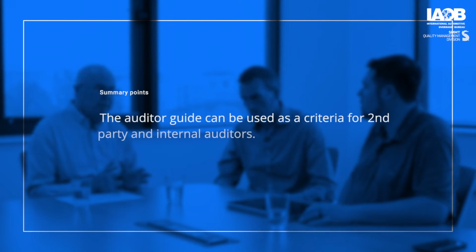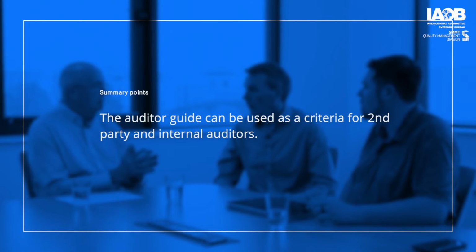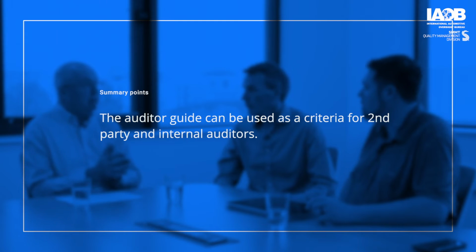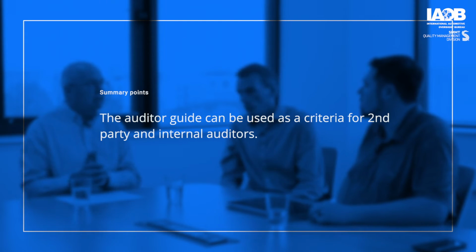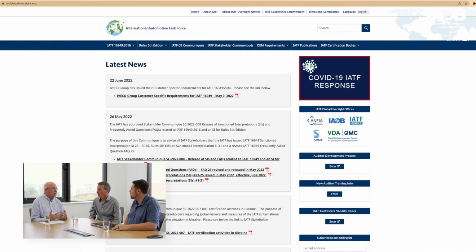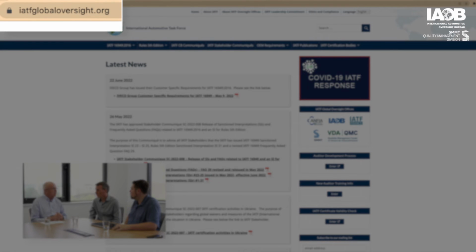Okay, so I guess now is probably a good time to summarize then. So I think the Auditor Guide is a really valuable document, not just for third-party auditors, but for criteria for internal and second-party auditors. It's a document that can be easily purchased through the 5 oversight offices' websites.